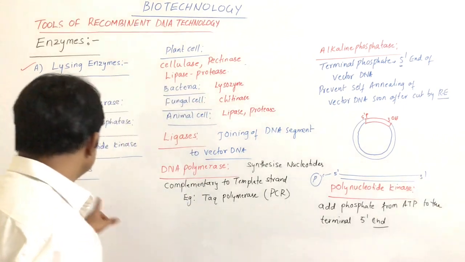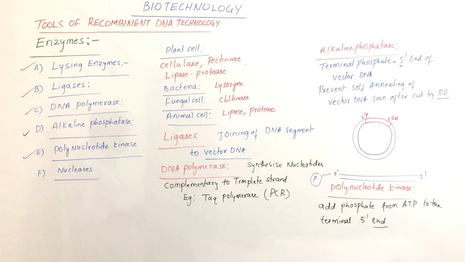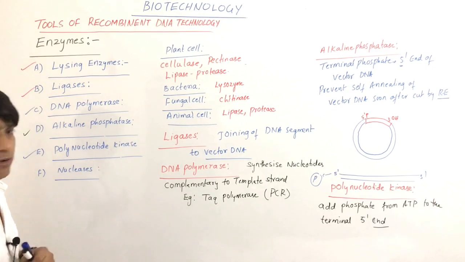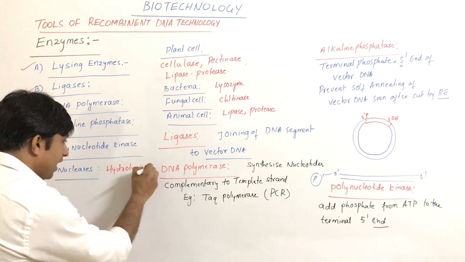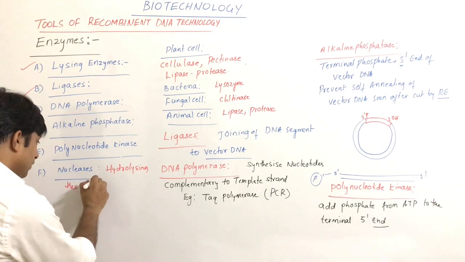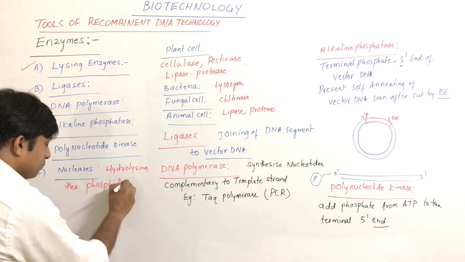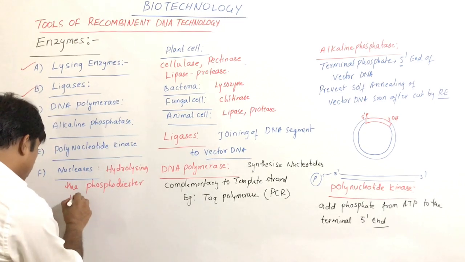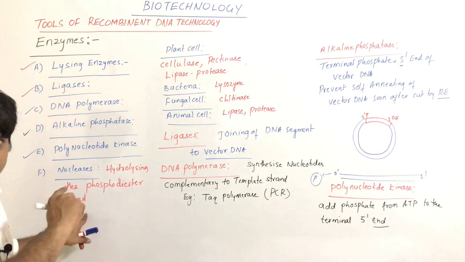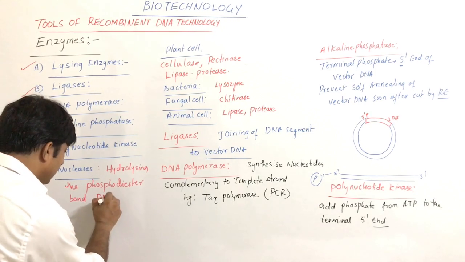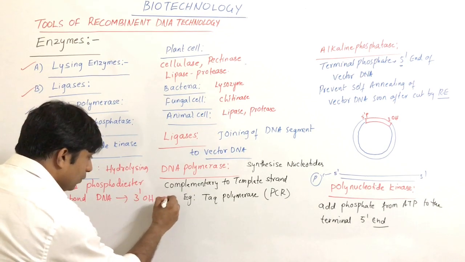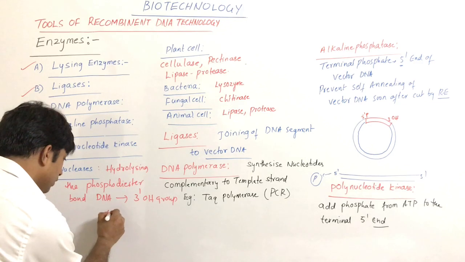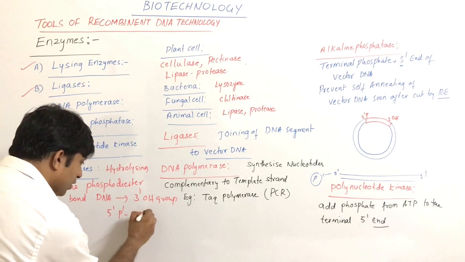Next, we have last, nucleases. Nucleases are the enzymes which are responsible for hydrolyzing the phosphodiester bond in a DNA strand to produce a 3' OH group and a 5' phosphate group.